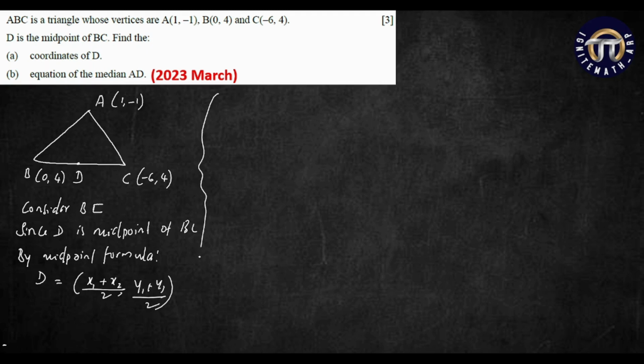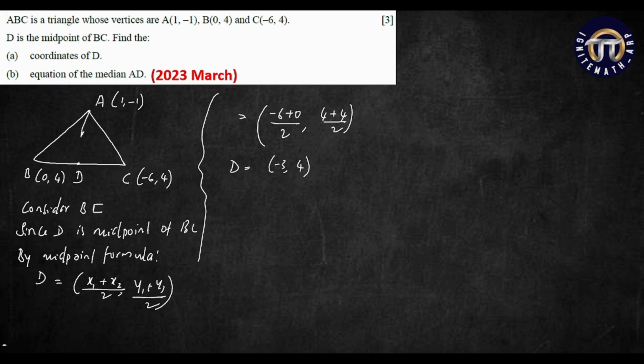So I can write (-6 plus 0)/2, then (4 plus 4)/2. So I'll get the coordinates of D, that is (-3, 4), because 8/2 is 4.